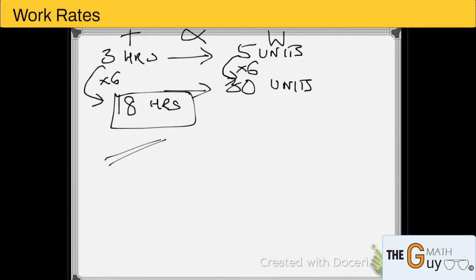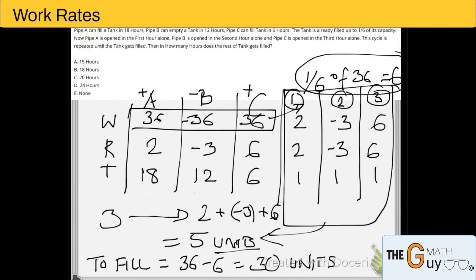They tried to trick you: two pipes were filling, the third one was emptying. But if you arrange them in a table like this, you're able to see what needs to be done. One more key thing: I looked at 18, 12 and 6 and took the work as a common multiple so that it's easy to divide.